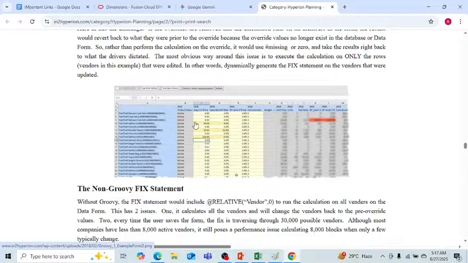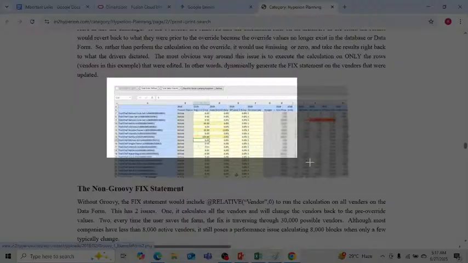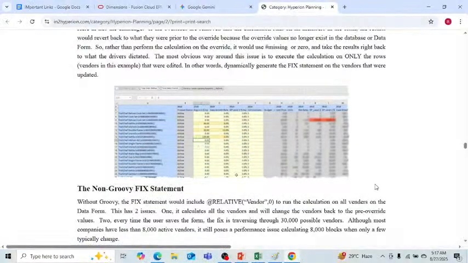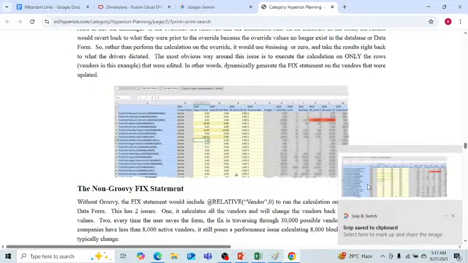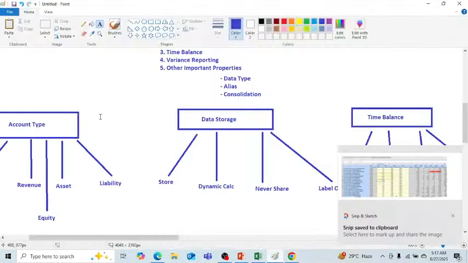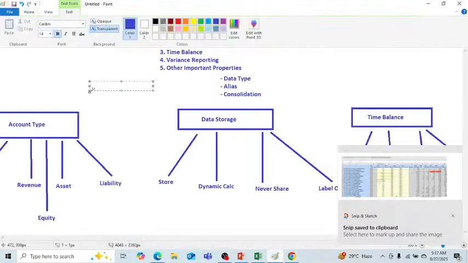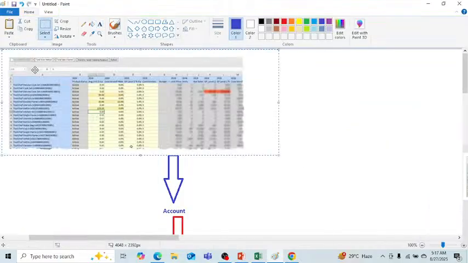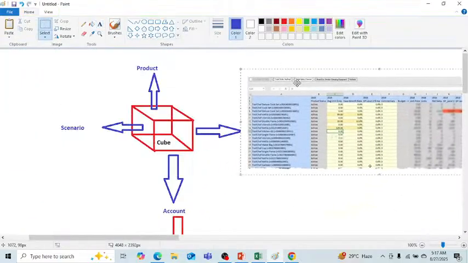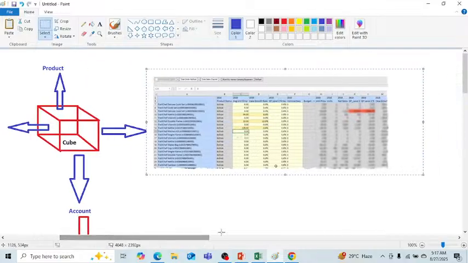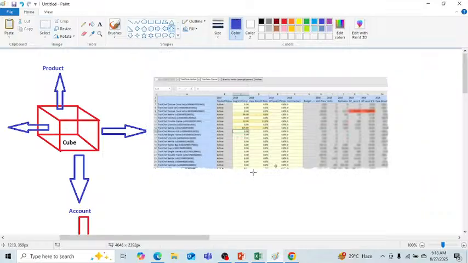Let me take a screenshot, then I will show you in Paint. Here you can see these are the dirty cells. These are blank cells where you can input the data, and if these cells are enabled, then absolutely it is a store member.